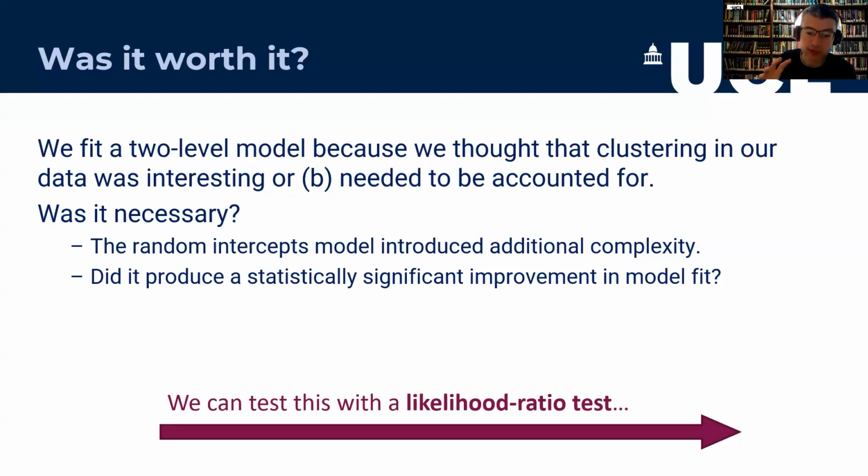As I said before during the lecture, there might be cases where if you had a variance partition coefficient equal to 0, then effectively the clustering and the level 2 groups don't really matter. So one way is to look at the VPC and see if it is equal to 0, but that's a bit of a cumbersome way to check it.